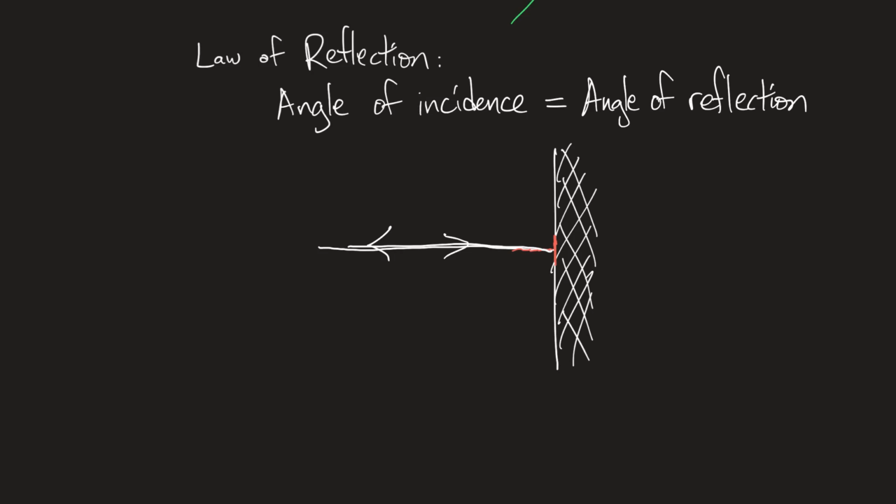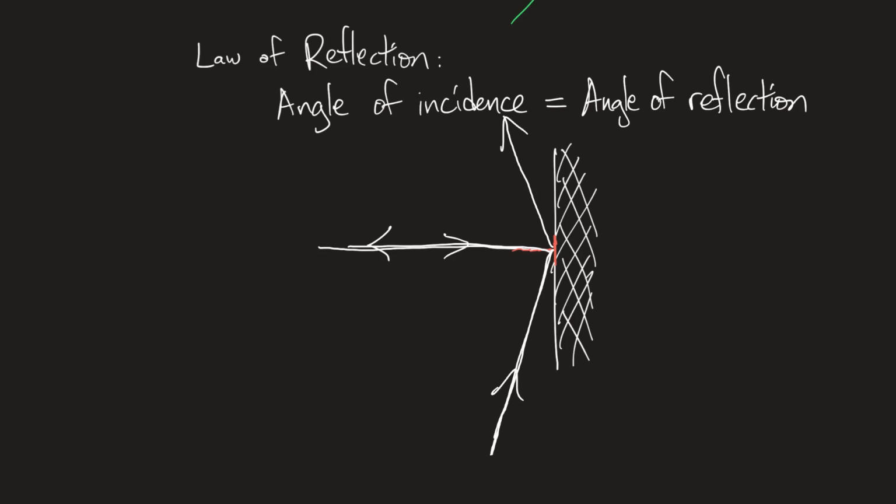If you had an incident ray that is at a very sharp angle, like this, a very large angle from the normal line, then you would expect it to bounce off like this.